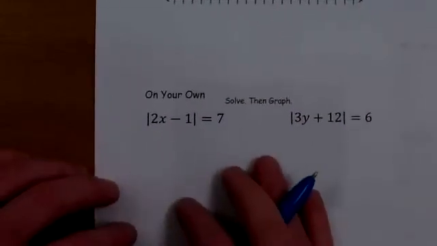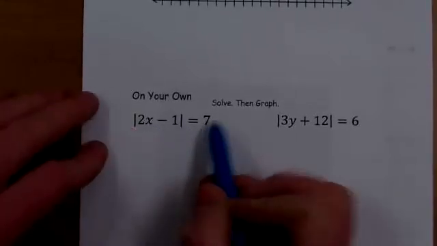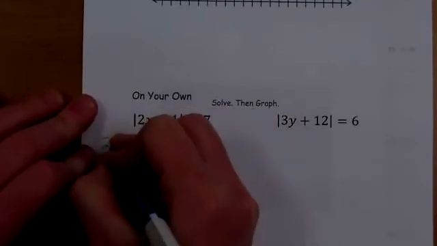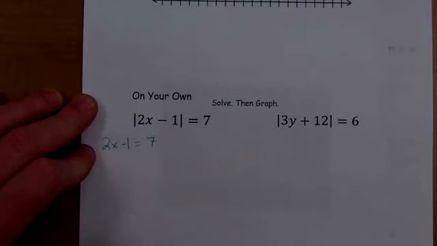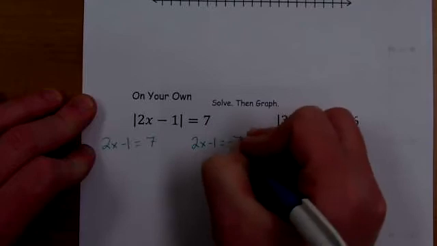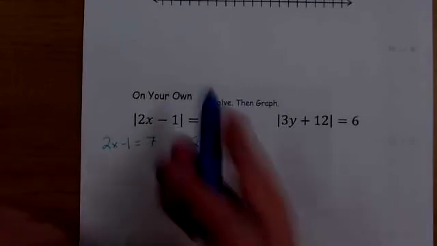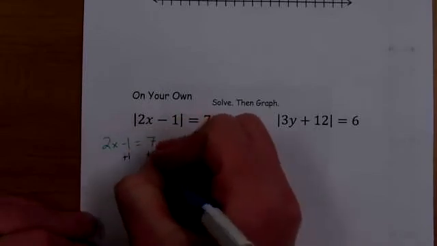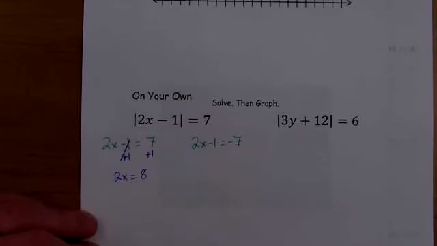So we have the absolute value of 2x minus 1 equals 7. Well, case 1, we're going to set the insides equal to a positive value, and case 2, we're going to set the insides equal to a negative value. As you see, I got rid of my absolute value signs when I solved my equation. Now I have a simple two-step equation. Add 1, 2x equals 8.